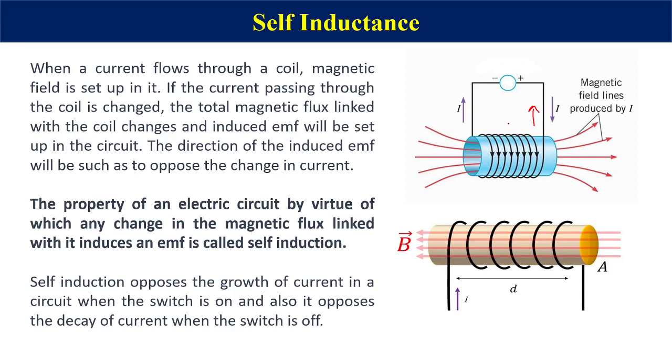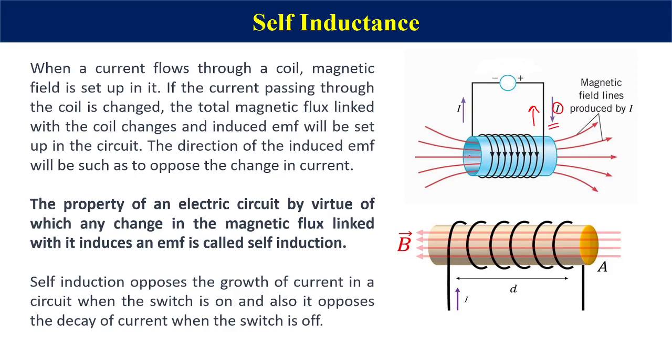So it is as if you are increasing this current I, because of which the magnetic flux linked with the coil is changing, and because of which there is an EMF. That EMF will be generated in such a direction that the resulting current because of that EMF will oppose the increase in this original current.